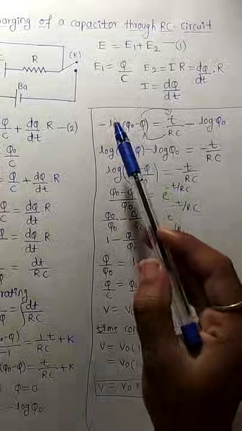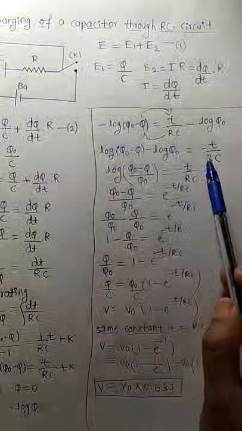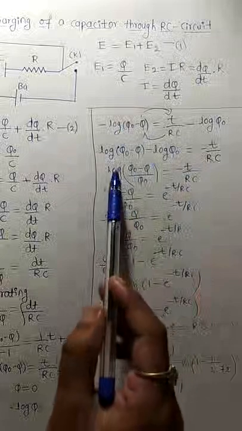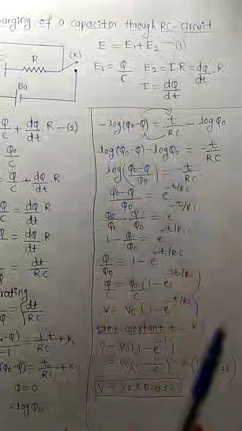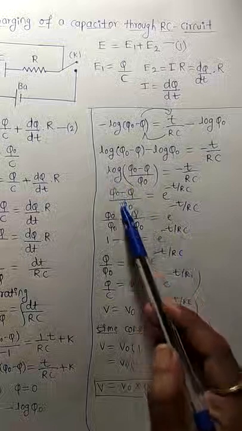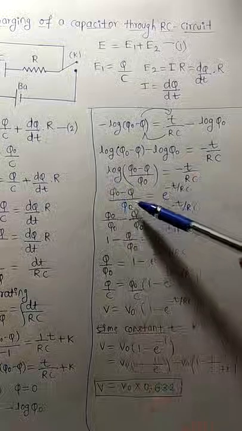Substituting those values, we got this equation, and we make some rearrangement. This minus term, take this side, and when you transfer this term it becomes minus. So we got log of this is equal to minus t by RC, and now transferring log to this side, it becomes e raised to, and make the separation.